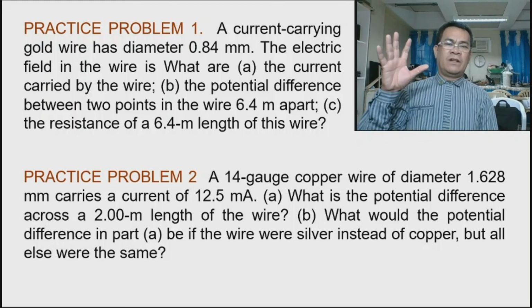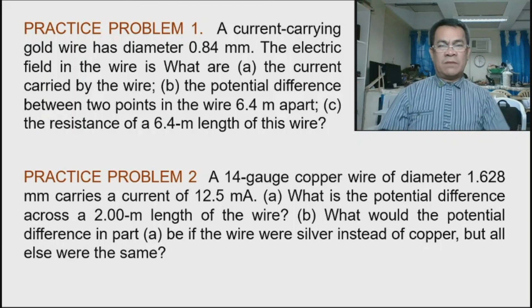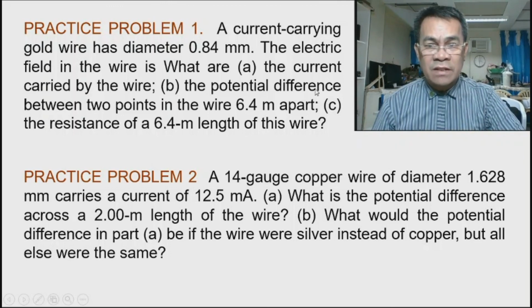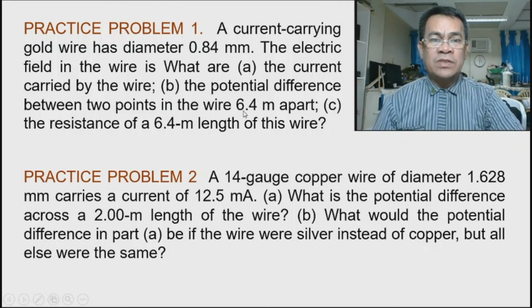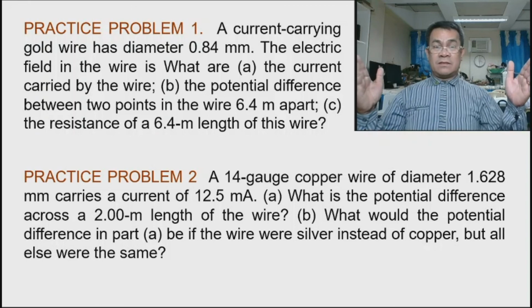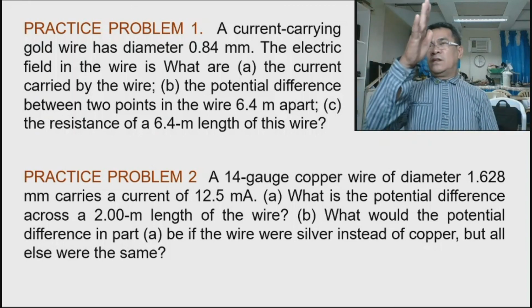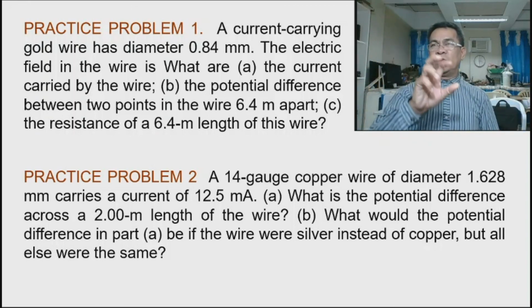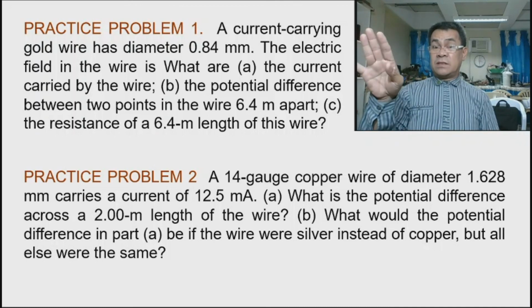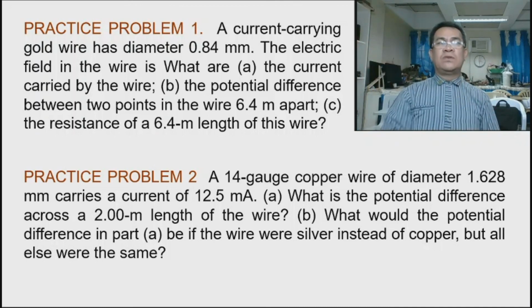So they are connected to each other. Therefore, in terms of questions, for example, look at this number three. You are asked to solve for the potential difference between the 2 points of the wire. So how will you answer that one? You can answer that using the electric field and the length. You can also use the voltage, potential difference, using Ohm's law.